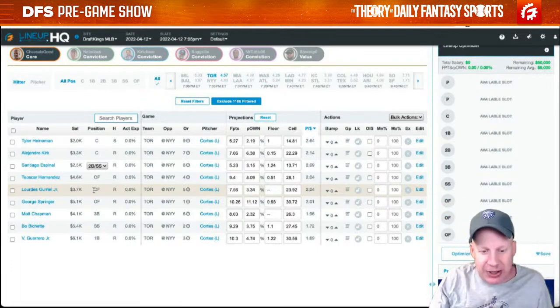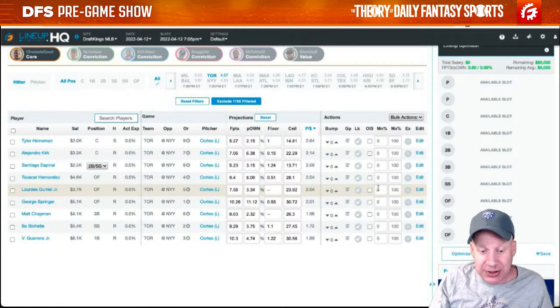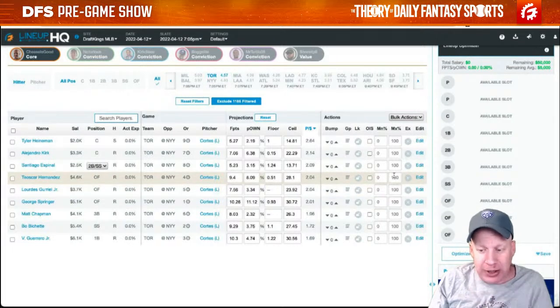So maybe I say, okay, well, maybe I want to make sure to get 6% Gurriel instead of 1%. Instead of having one lineup out of the 20 with Gurriel, I want 6 of the lineups with Gurriel. Instead of having all of the lineups with Teoscar Hernandez, I cap him.